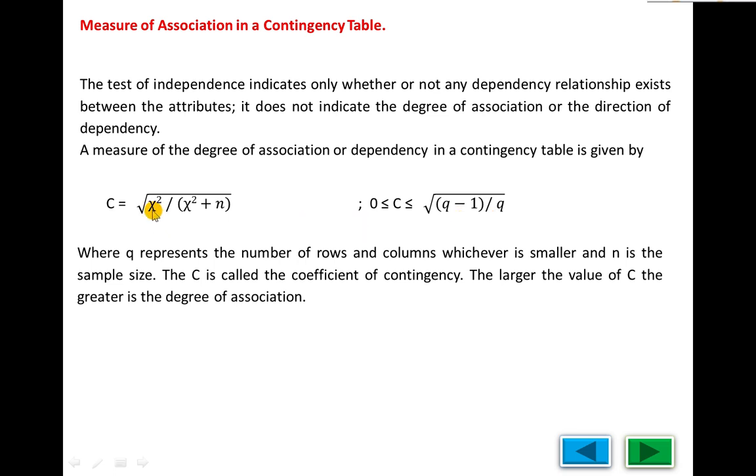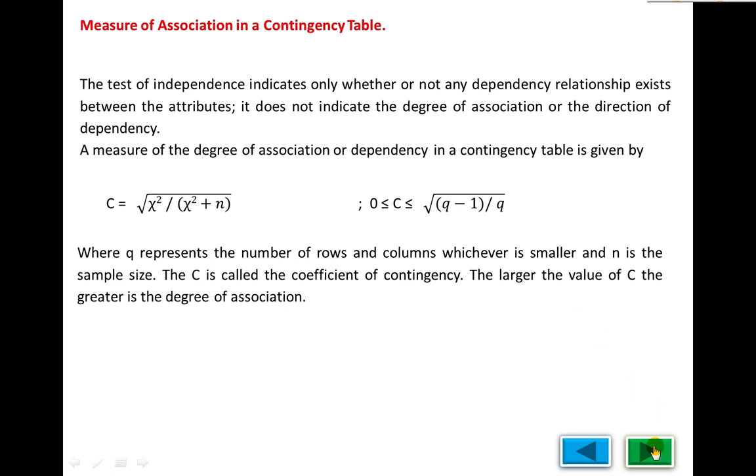If you substitute the chi-square calculated value and the number of observations, you will obtain the value of C, where Q represents the number of rows or columns whichever is smaller and n is the sample size. C is called the coefficient of contingency. The larger the value of C, the greater is the degree of association.